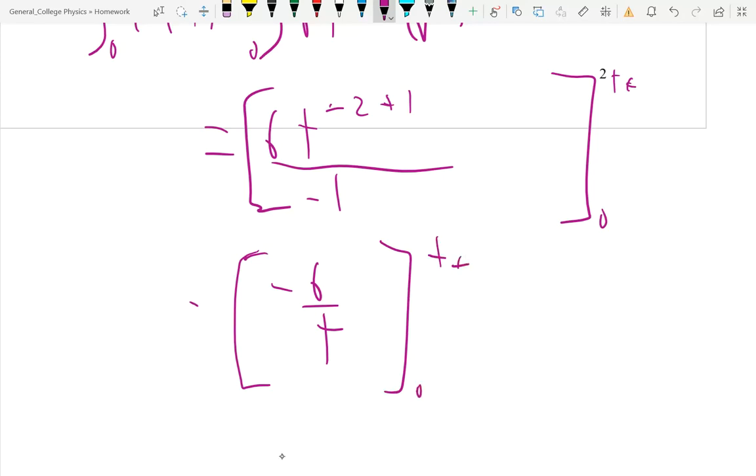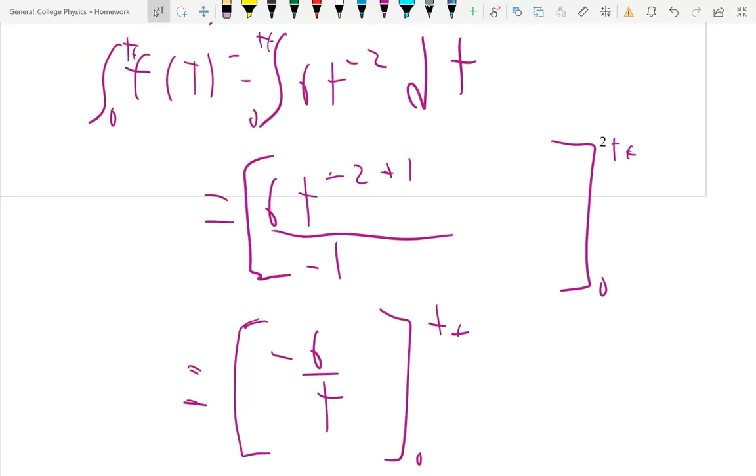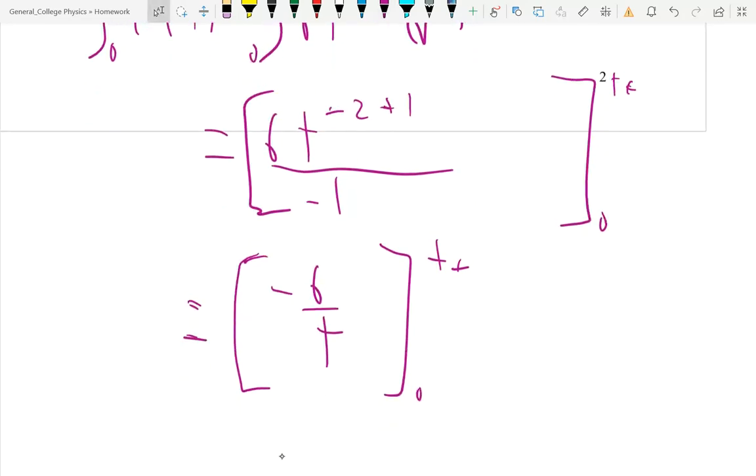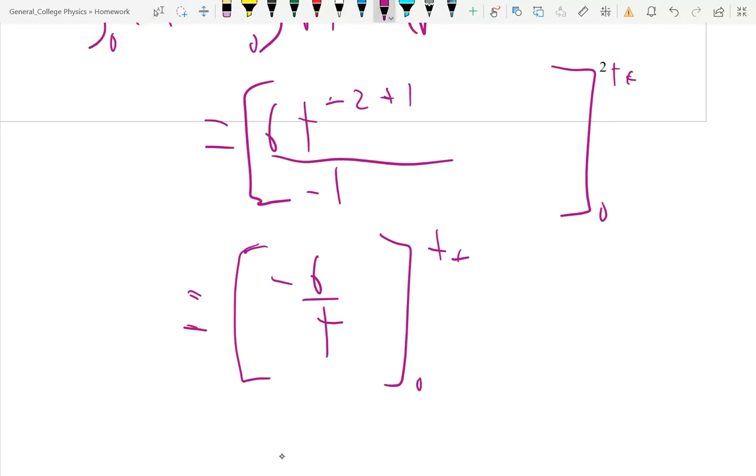Finally, we plug in our limits. First you plug in the upper limit, so this is equal to the first term, and then we subtract, plugging in the lower limit.